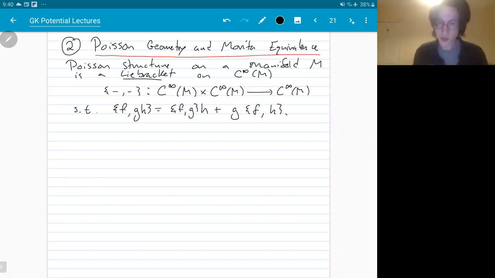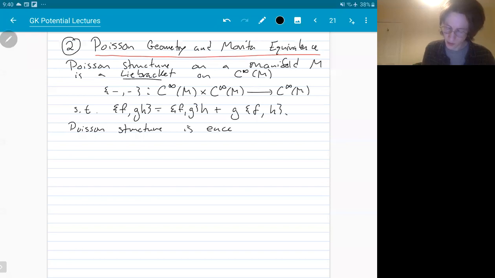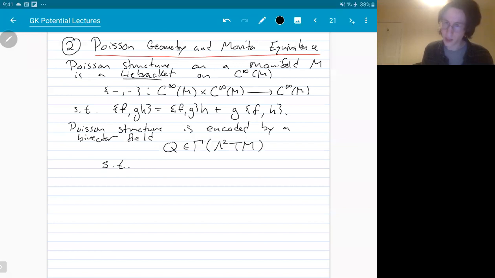And a Poisson structure, you can define it in this algebraic way as a Lie bracket, but it's really encoded by a bivector field. We call it Q, which is a global section of wedge 2 TM, which satisfies an integrability property, which is that the Schouten bracket of Q with Q is equal to 0.